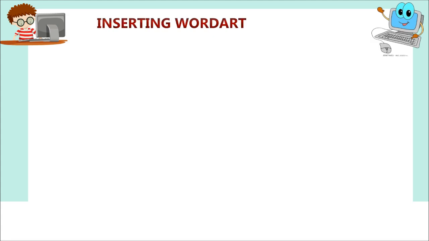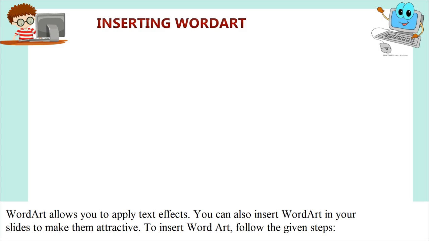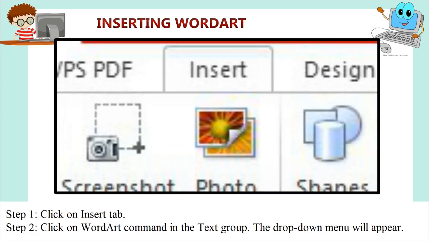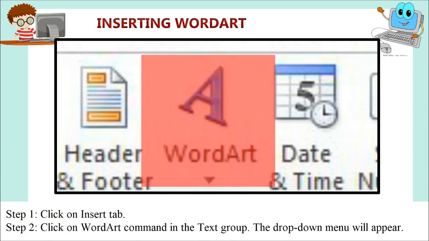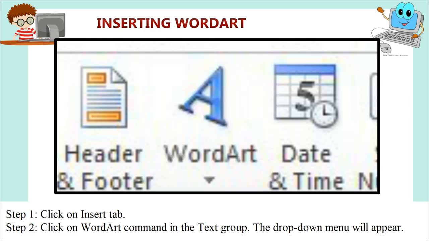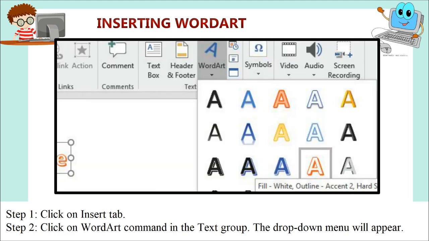Inserting word art. Word art allows you to apply text effects. You can also insert word art in your slides to make them attractive. To insert word art, follow the given steps. Step 1. Click on Insert tab. Step 2. Click on Word Art command in the Text group. The drop-down menu will appear.